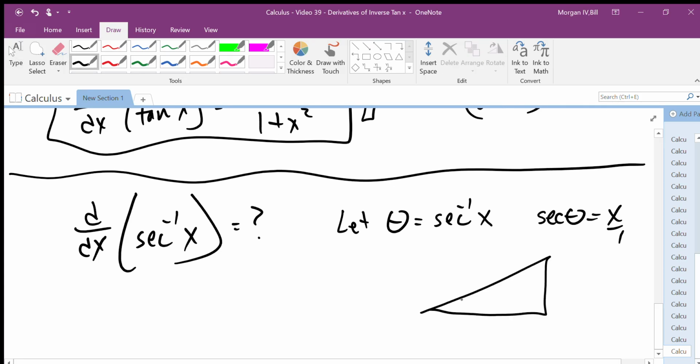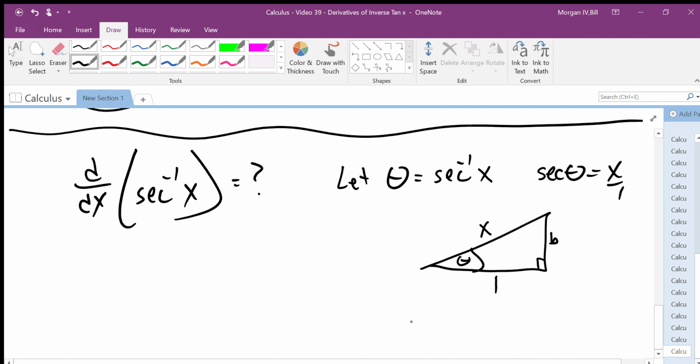Triangle, theta, right triangle, secant. Now secant is the reciprocal of cosine. Cosine is adjacent over hypotenuse, so secant must be hypotenuse x over adjacent 1. And then let's call this, say, b over here for now. Pythagorean theorem says that 1 squared plus b squared is equal to x squared.